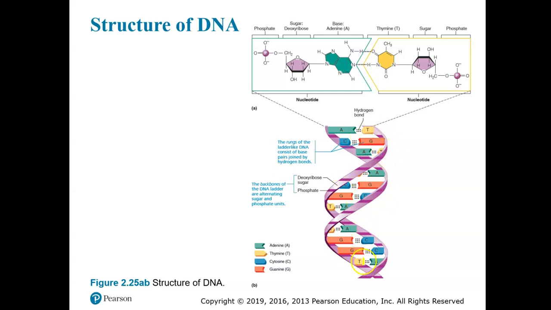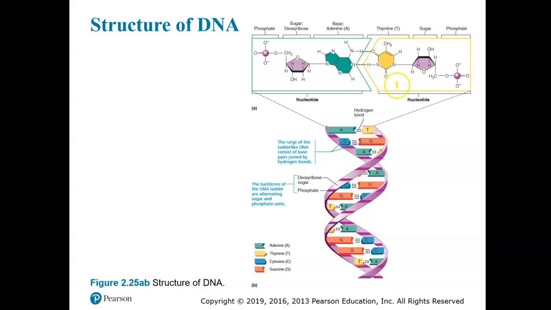Here is our twisted ladder shape, and you can see it broken down, up here at the top, into 2 nucleotides paired together. The nucleotide on the left contains the base adenine. So it's got adenine and then the deoxyribose sugar and the phosphate. The one on the right that pairs with it is going to be thymine. And that thymine, you see how it has a single ring structure?